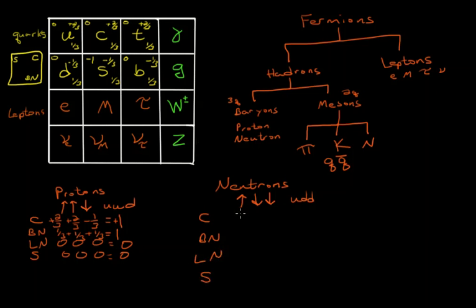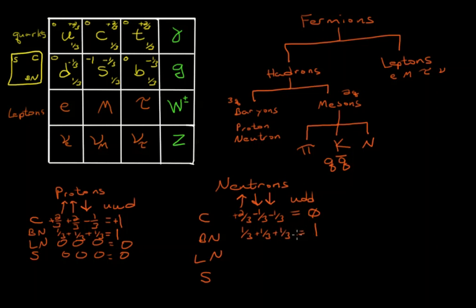Strangeness. Okay, so the up is plus 2/3, minus 1/3, minus 1/3, and so that charge equals 0, and it should. It's neutral, no charge. Baryon number 1/3 plus 1/3 plus 1/3 equals 1, and that's good.